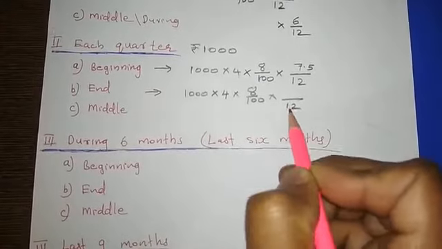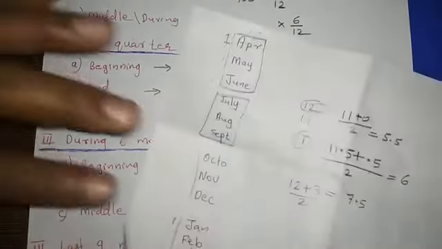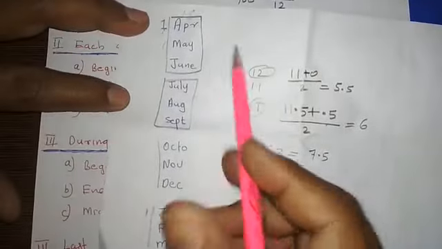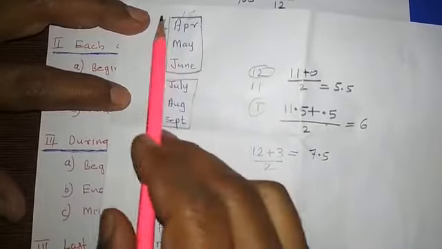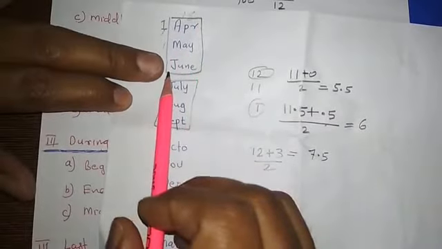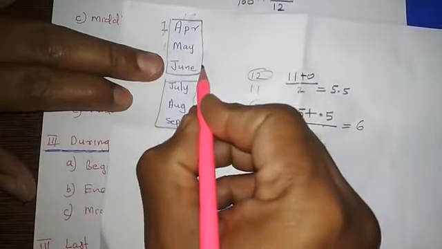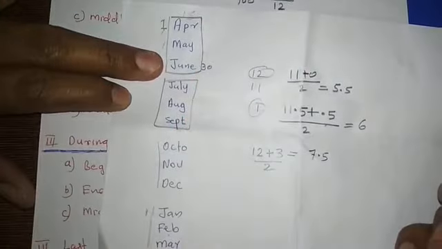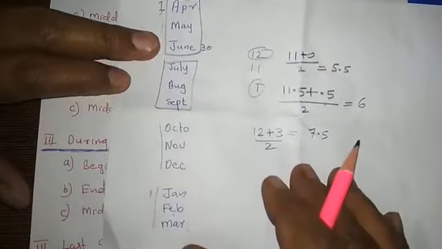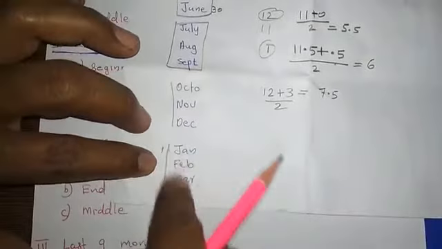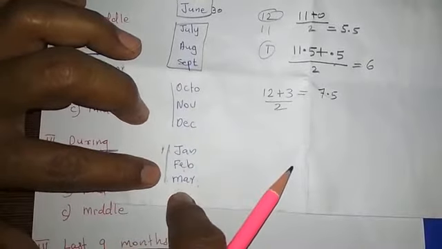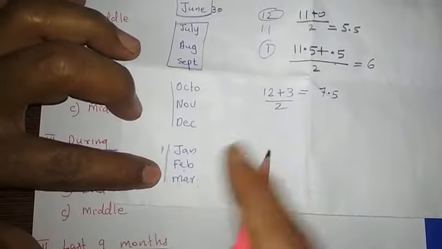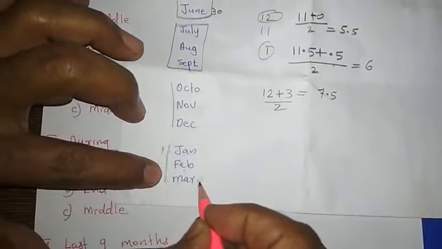We can come to this table. Listen, end of every quarter means when will be the first drawing? This is the first quarter, end of this quarter means June 30. And the last drawing is in the last quarter, the last day of each quarter we are withdrawing, means March 31st the drawing is made.